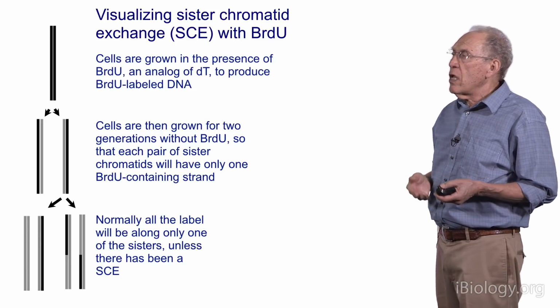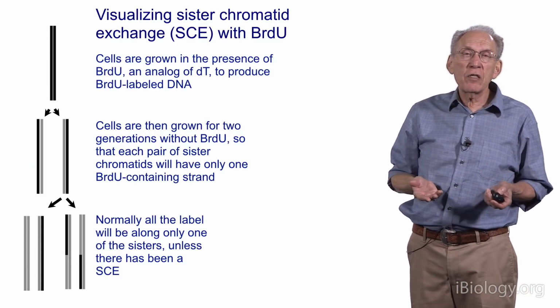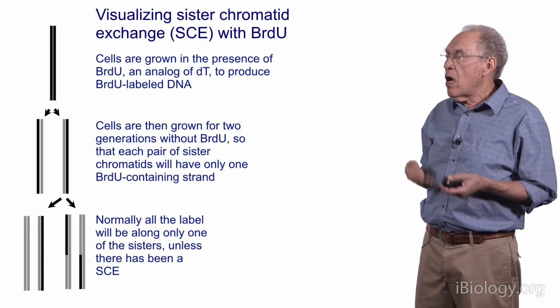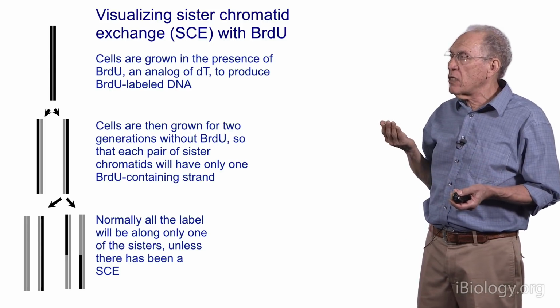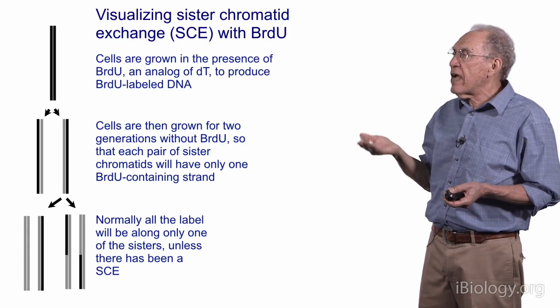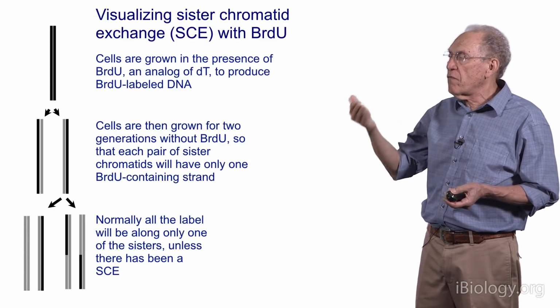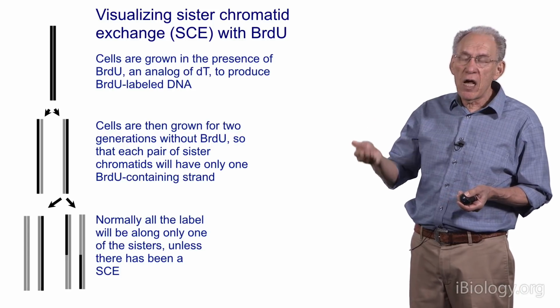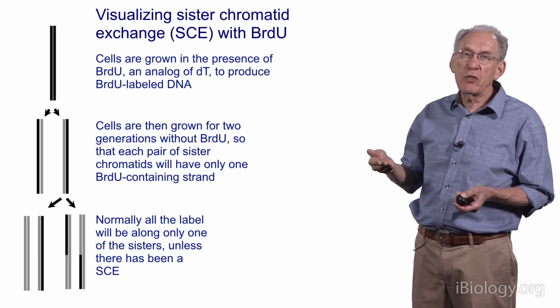We can also actually look at recombination visibly by using studies of sister chromatid exchange. Here, some fraction of the thymidines of the DNA are replaced by an analog called bromodioxyuridine.